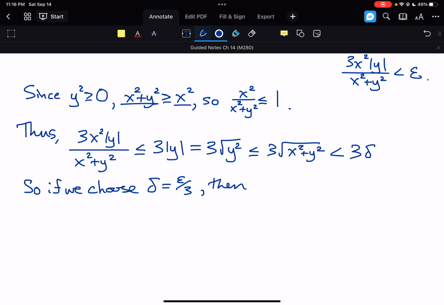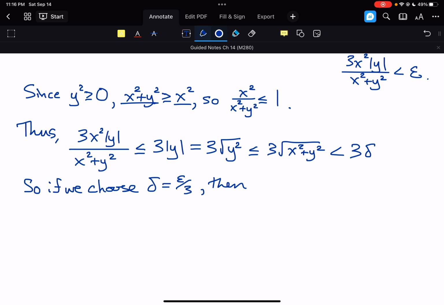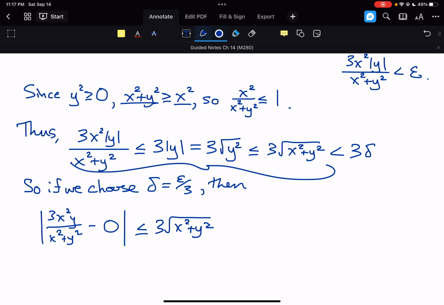So if we choose that to be our delta, then we get the absolute value of 3x squared y over x squared plus y squared minus 0. So just our standard setup here is less than or equal to this. We could write all these intermediate steps again, but we just had that written up there. That is less than 3 delta.